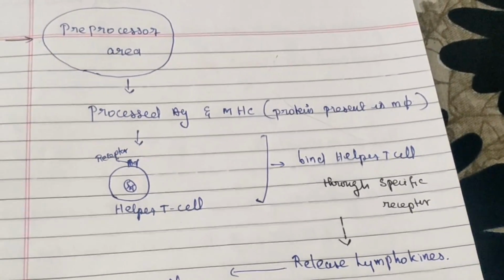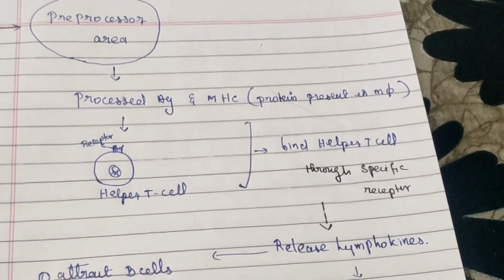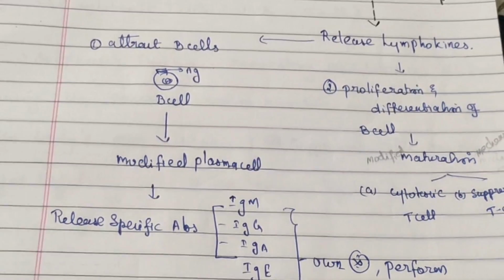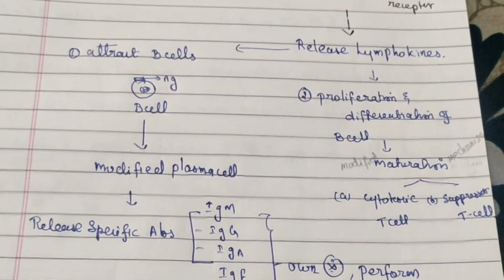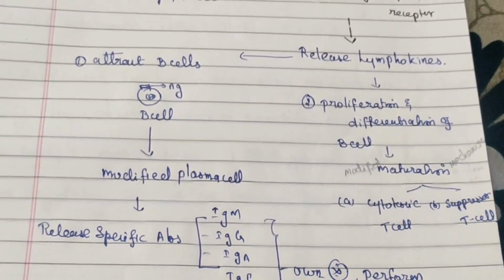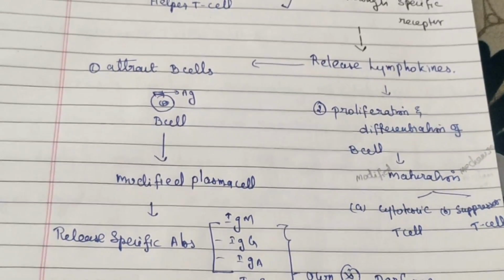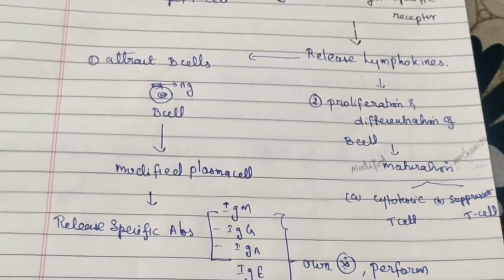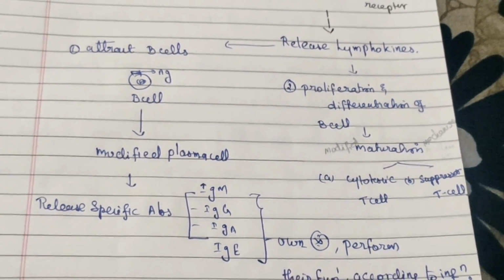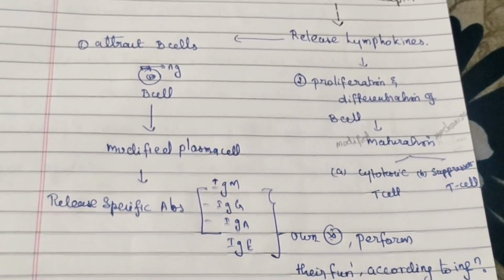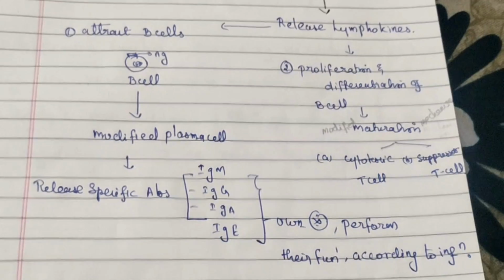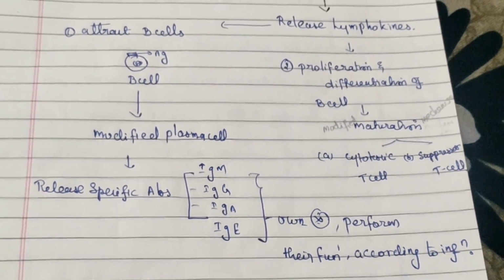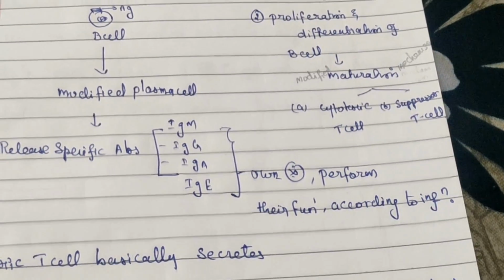When it binds, it releases lymphokines, which attract the B cells. The B cell also binds with the antigen and is further modified into a plasma cell. Then the plasma cell releases specific antibodies, which are IgM, IgG, IgA, and IgE.